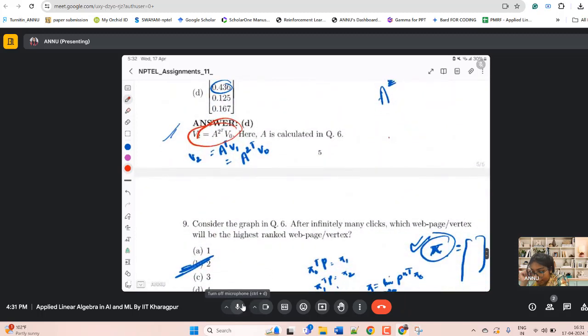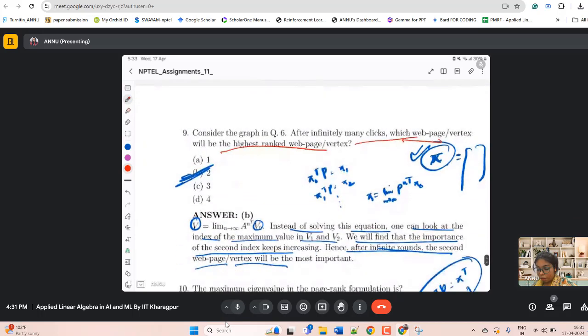After infinitely many steps, which web page will be ranked the highest? How will you calculate? The answer is 2, but tell me the logic. If you do the stationary distribution, how will you do it?